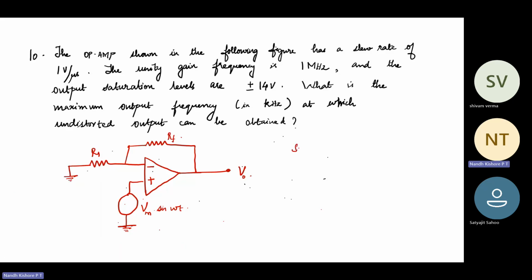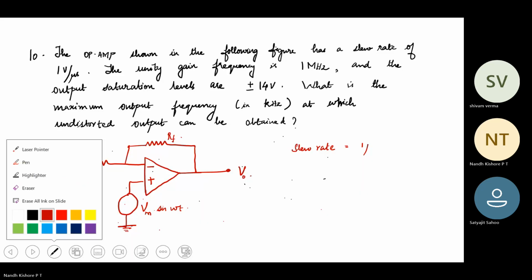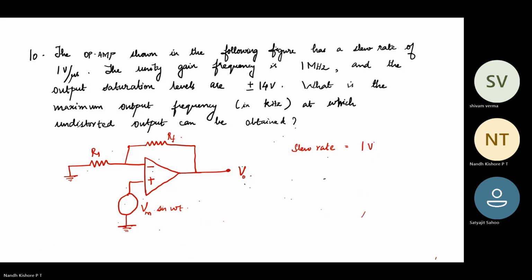So they have given the slew rate is 1 volt per microsecond, and unity gain frequency, UGF, is 1 megahertz.